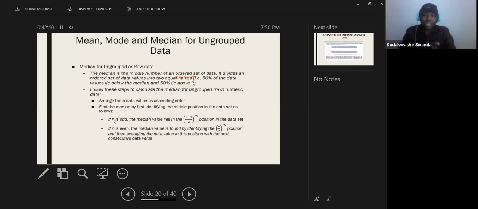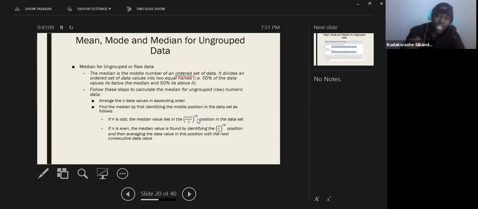Then since it is odd, we say 7 plus 1, which is 8, divided by 2, then you get 4. So when you count from the left side, from the lowest, the fourth position, the value on the fourth position is what is called the median value. That is the value that separates your data into two equal halves.